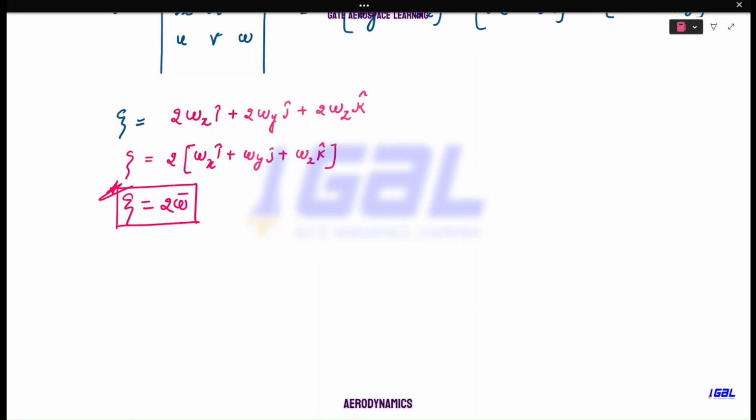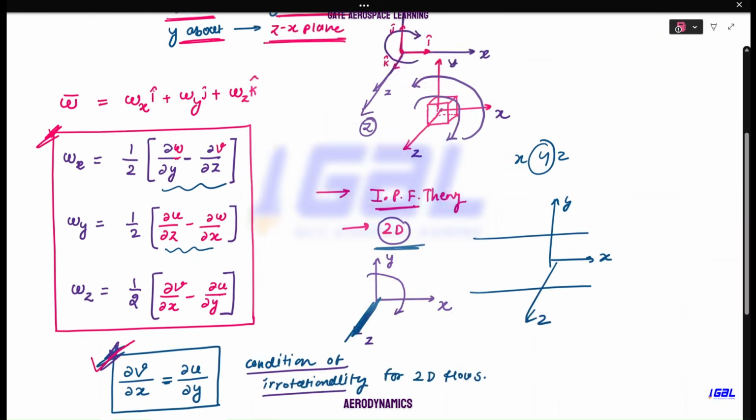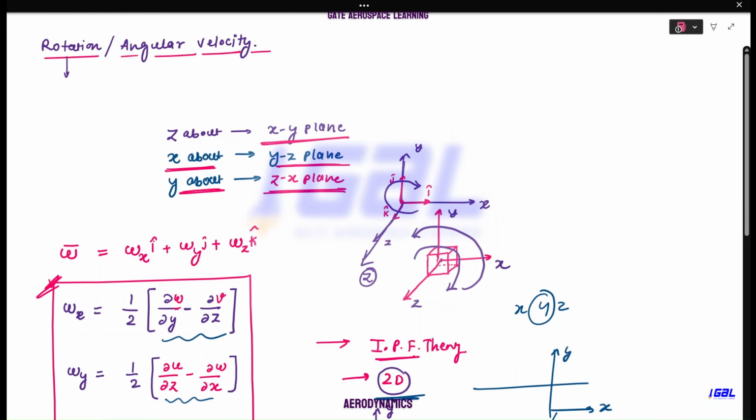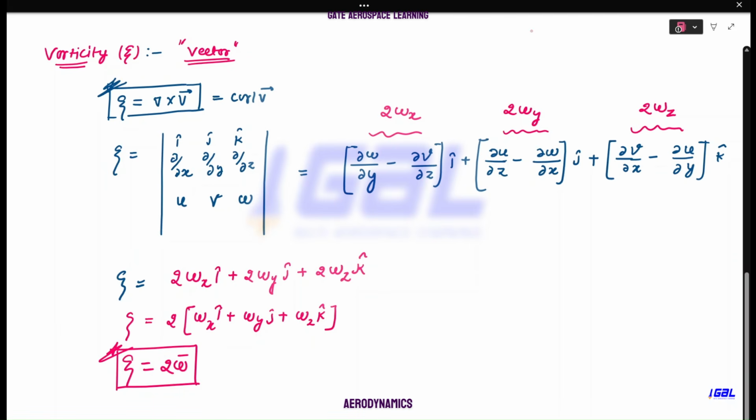I hope now you understood. So from now on, you should remember that vorticity is twice the angular velocity. Vorticity is also a vector quantity, so please remember this. Then your rotation or angular velocity is also a vector quantity. We know that acceleration was a vector quantity too. So I hope now it is very much clear. So please learn this one and this one by heart.